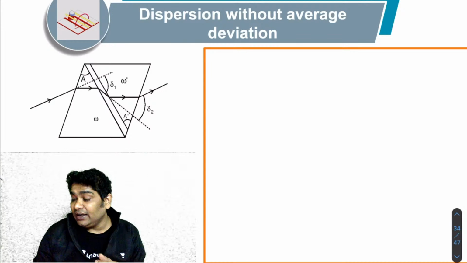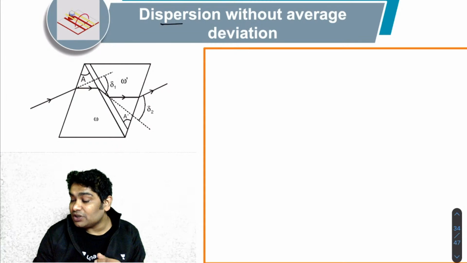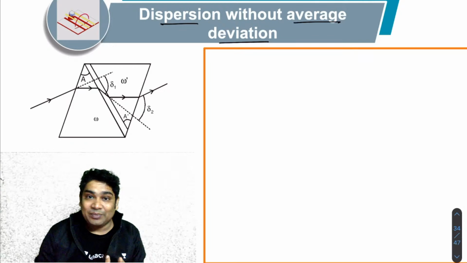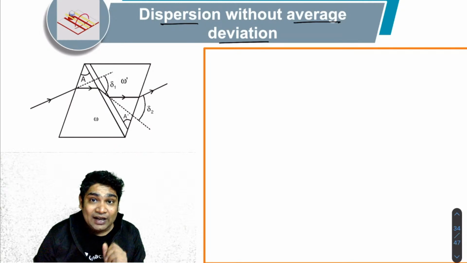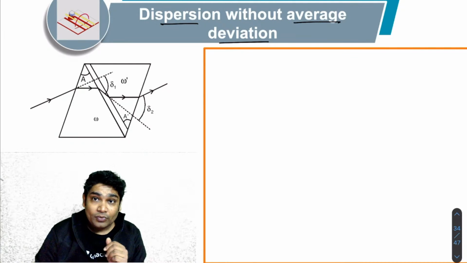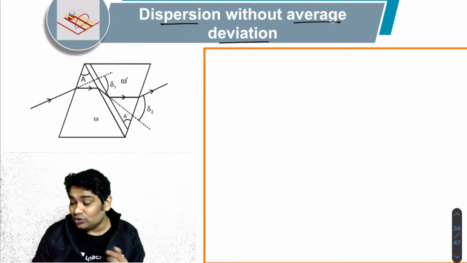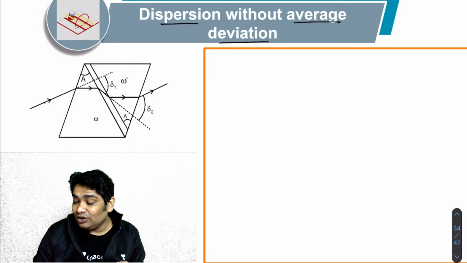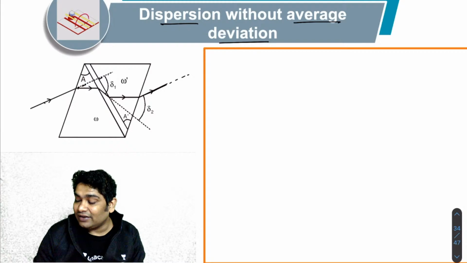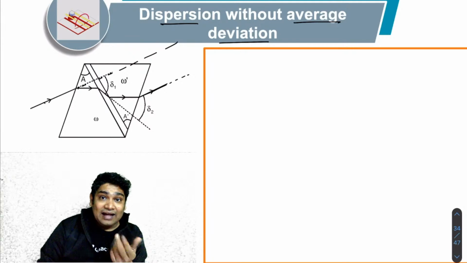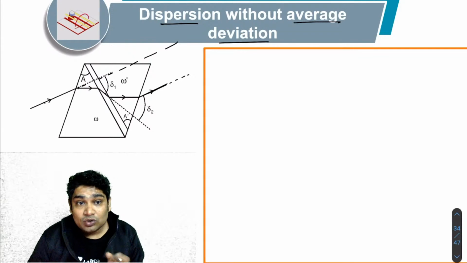If the aim is to produce dispersion without average deviation, what does that mean? That the deviation produced for yellow should be zero, because that is the average deviation. You want the yellow light to become parallel to the incident light. If that happens, then average deviation is zero. What will be the condition for that?